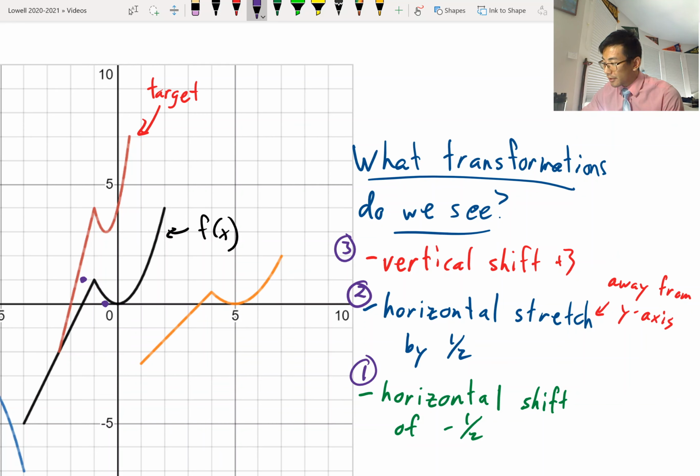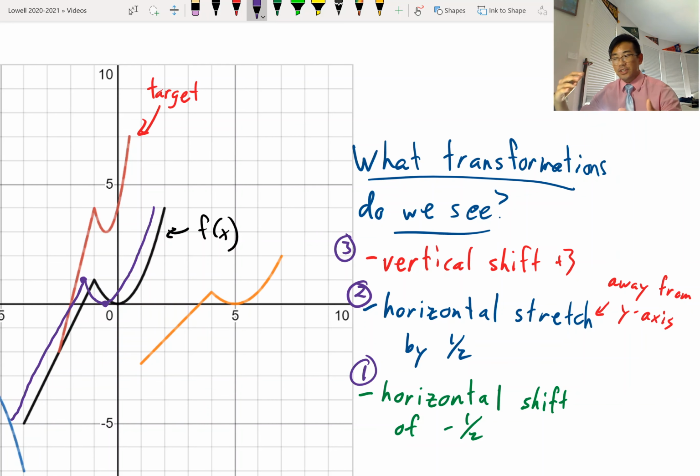Everything is just being shifted over 1/2, so I think it's going to look something like this. That first step is my shift.